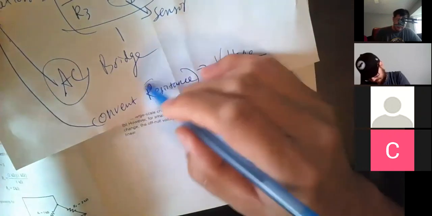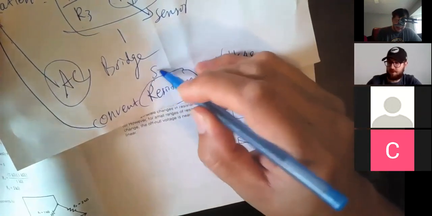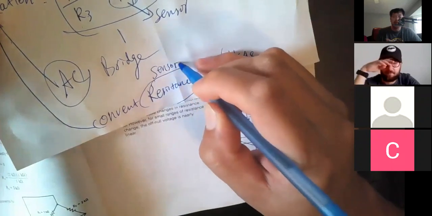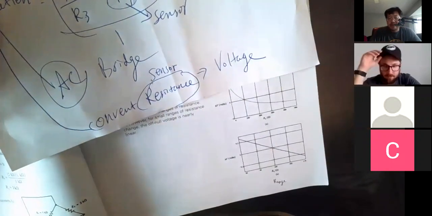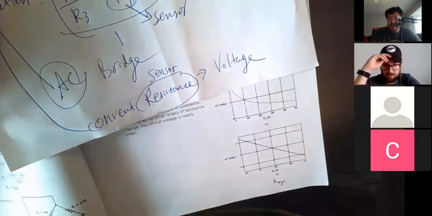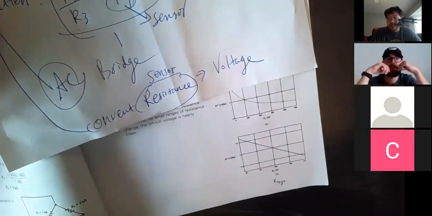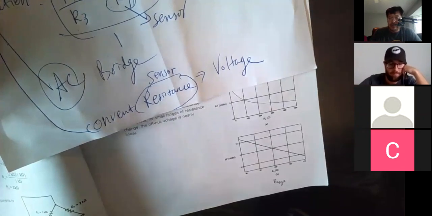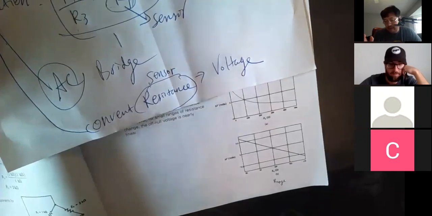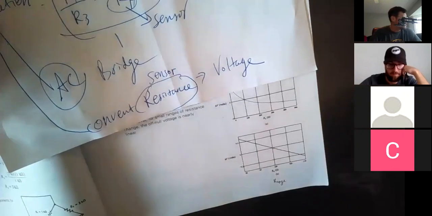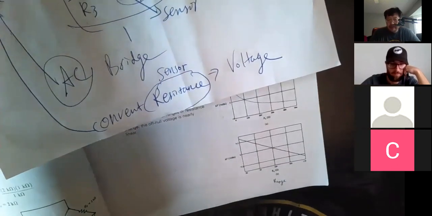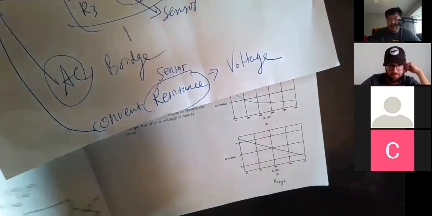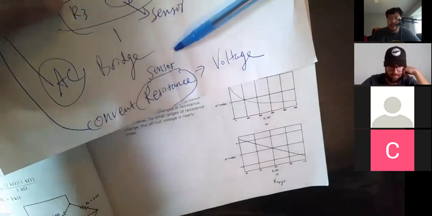When we talk about resistance, we imply a sensor. A lot of sensors are resistive sensors, which means the output is a variable resistor. It can measure temperature, flow, humidity, or pressure. The output is a variable resistance.